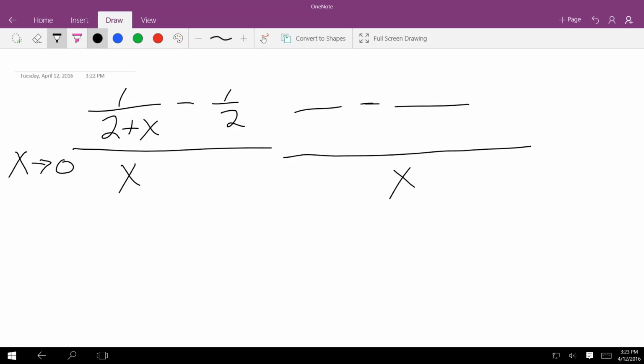What's the common denominator going to be? 2 plus x times 2. In other words, the definition of least common denominator is it has to be divisible by both terms. If I just put 2 plus x, that's divisible by 2 plus x, but it's not divisible by 2.